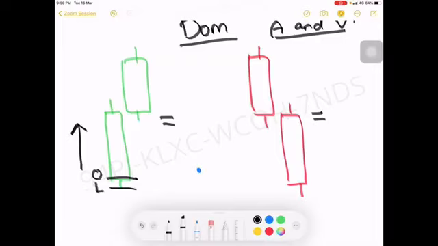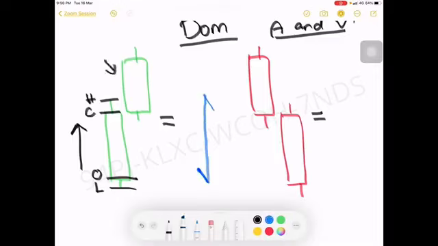So it will go down first, like this, and then to the high and then closing. What about this one?